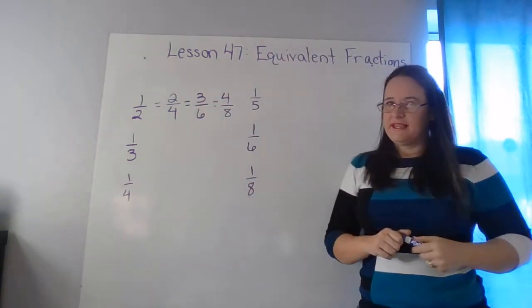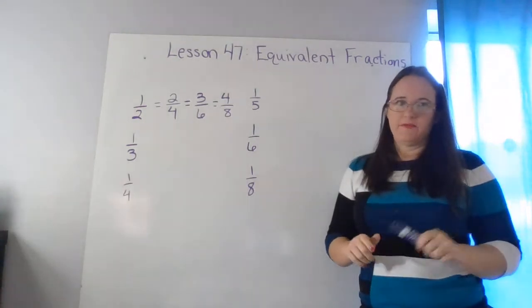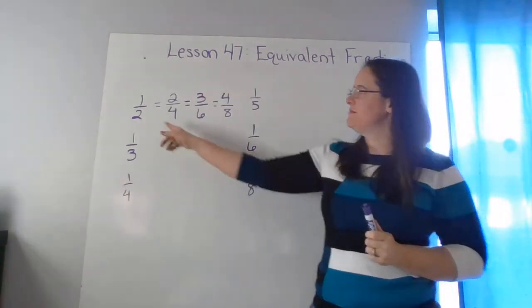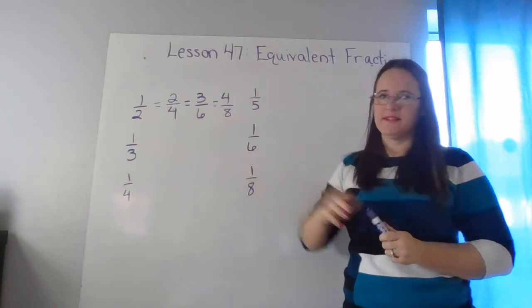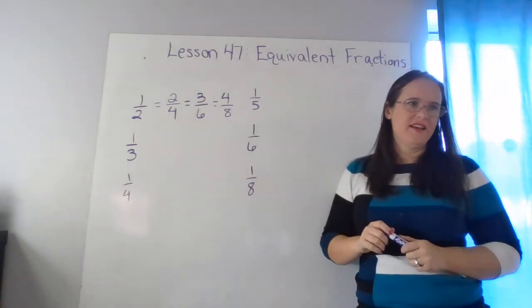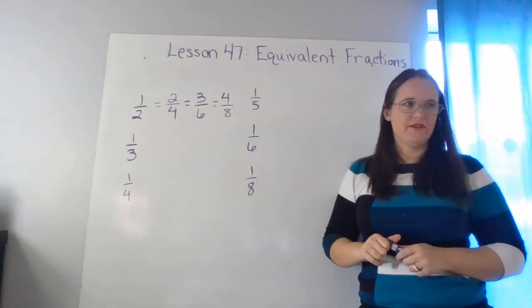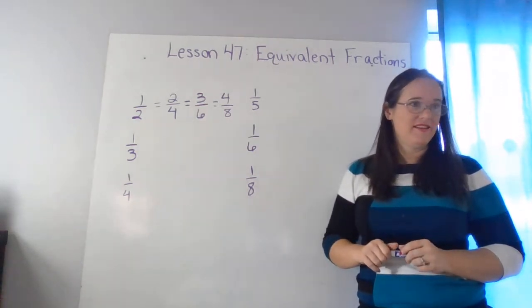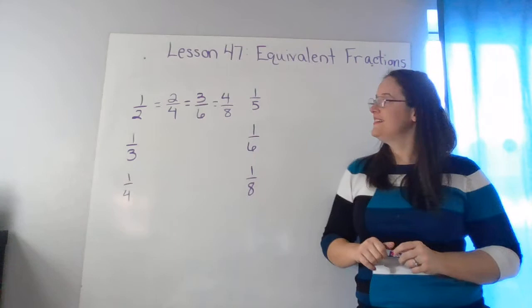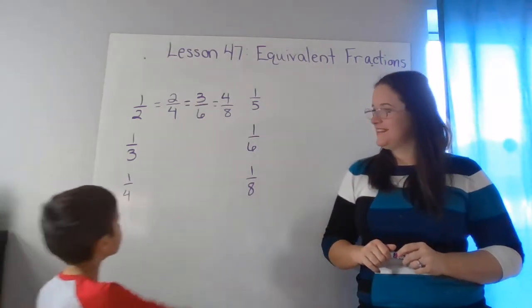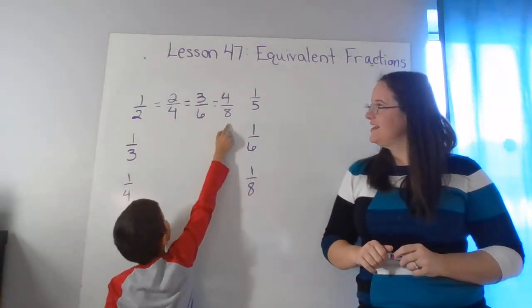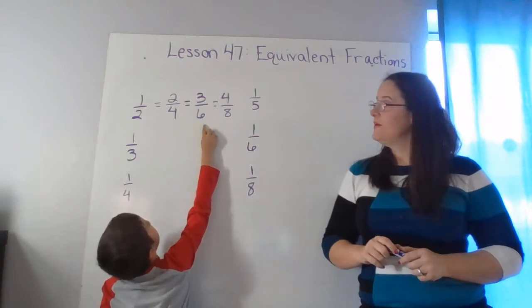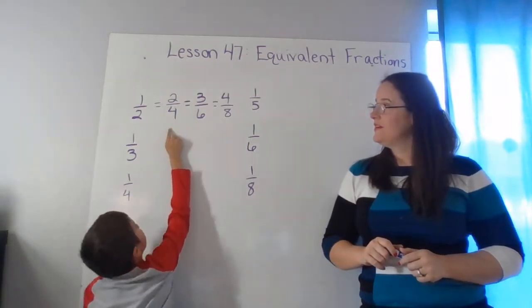So I'm noticing a pattern here, and we're going to talk about this more in future lessons, but I just want you to notice something about the denominators of each of these fractions that are equivalent to 1/2. What do you notice, Riker? 4 plus 4 equals 8, 3 plus 3 equals 6, 2 plus 2 equals 4.